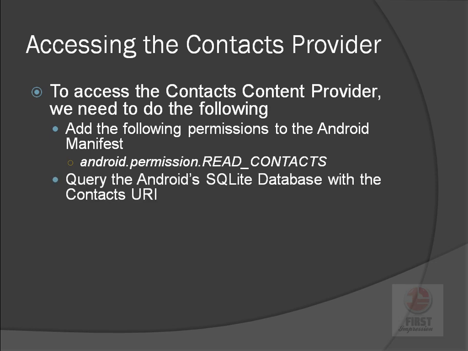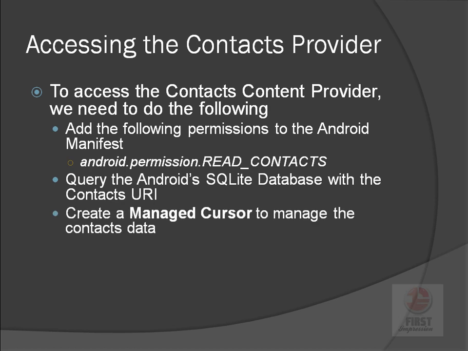Once we are done with adding the permissions, then we must query the SQLite database with the contacts URI. We'll be doing this with the help of the query method. You have to create a managed cursor to manage the contacts data. Normally, whatever data you get from the SQLite database is in the form of cursors, but those cursors have to be managed by us.